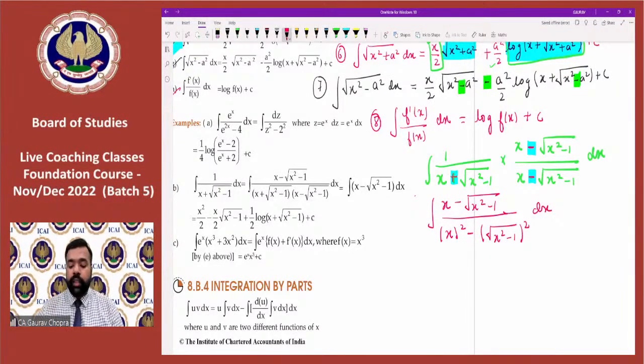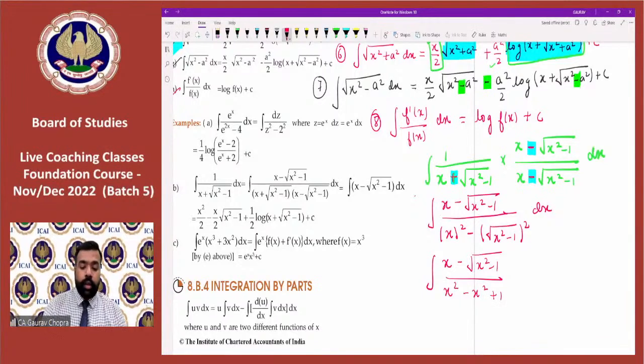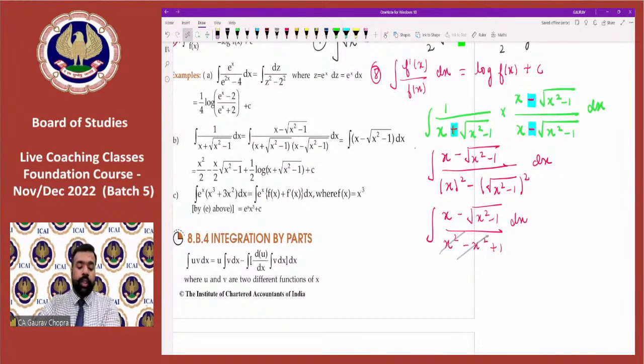Now, if we open this, what will happen? x minus root x square minus 1 upon x square minus x square plus 1. So x square is getting cancelled and we are left with only plus 1 in the denominator. So it means we only have a numerator and there is no denominator.